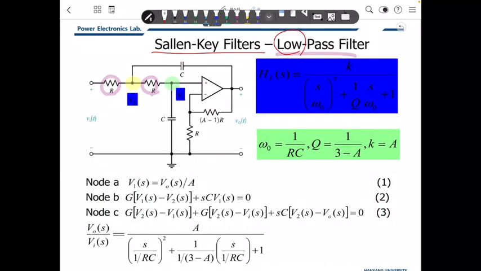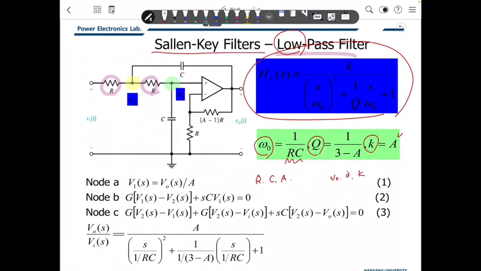If we want to design some filter in this form, then we need to make the desired omega 0. You need to choose R and C reasonably, and you design K or Q. Then you can define A. Remember that we have three variables: R, C, and A. We need to design omega 0, Q and K. With three variables and three results, this is not exactly matched.